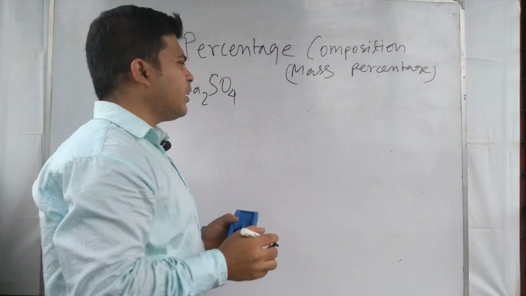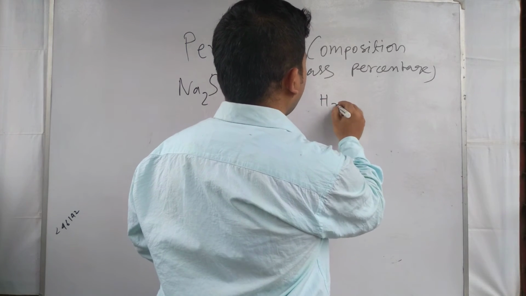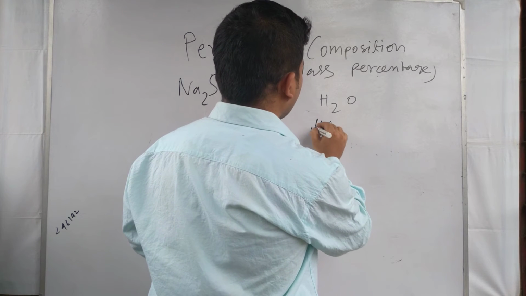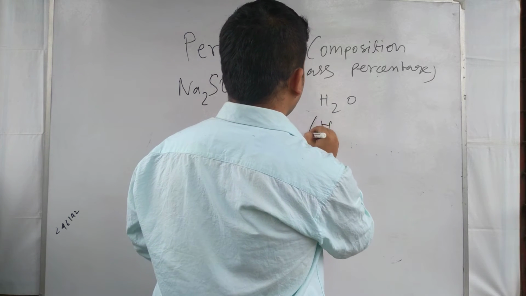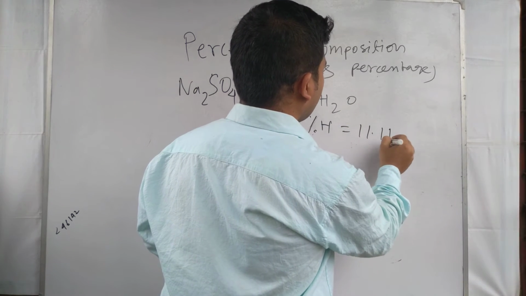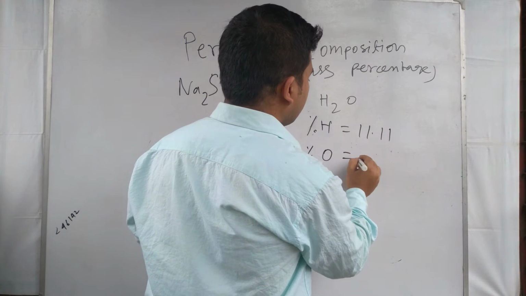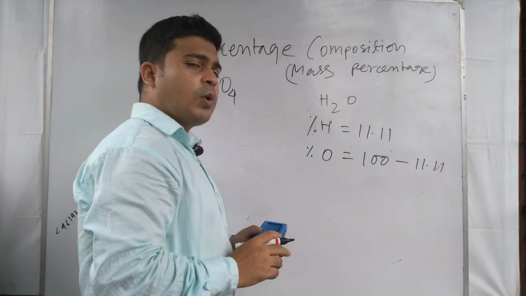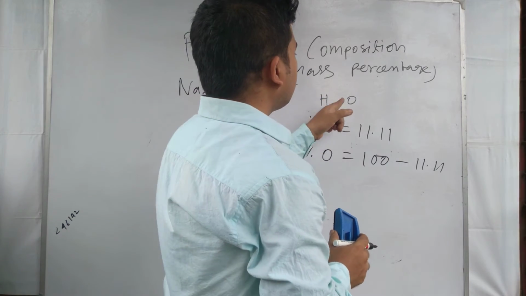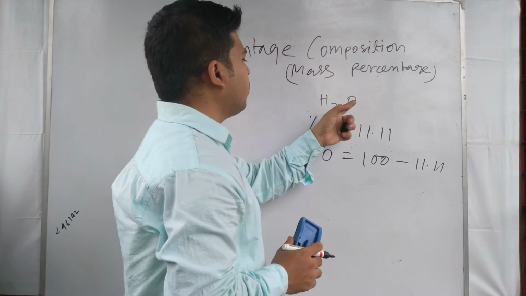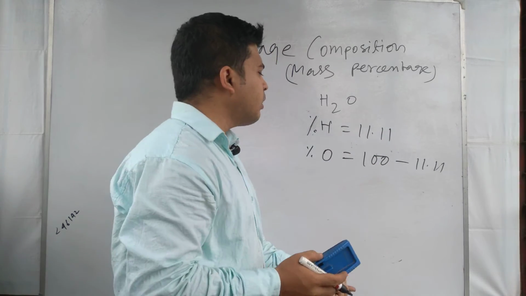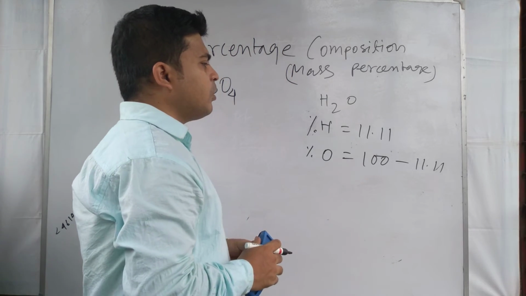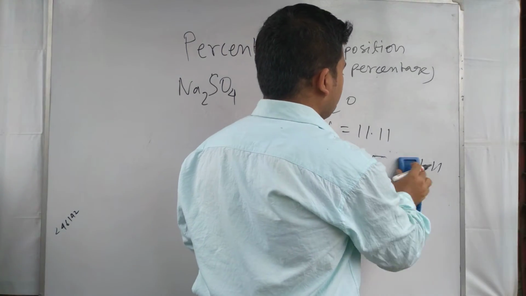Another point you have to understand is that in H2O, when the hydrogen percentage is 11.11%, for the percentage of oxygen we can subtract it from 100, because if we add up both element percentages, the total must equal 100. So by subtracting from 100, you can also calculate the percentage of oxygen.